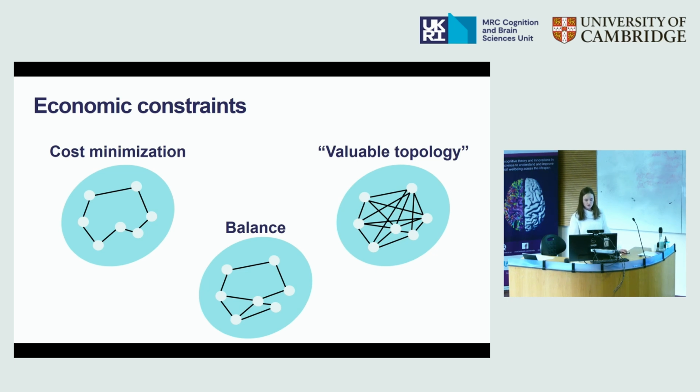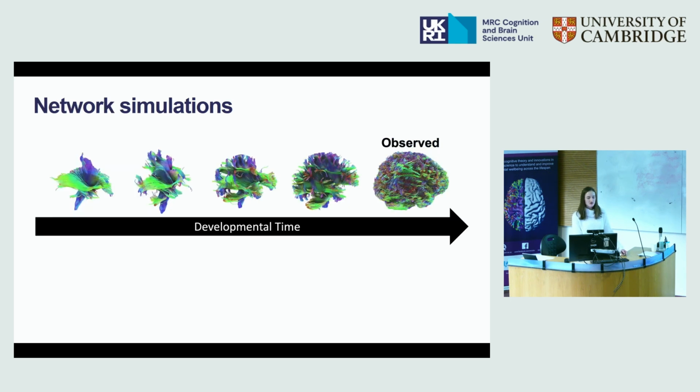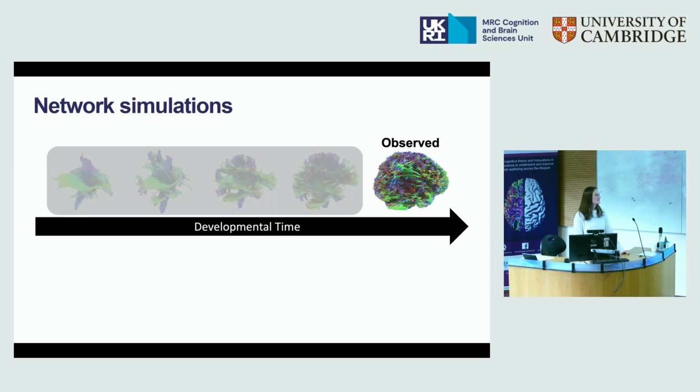And this is hard to look at in an actual brain because we aren't able to actually look at the economic constraints of a brain through a scan. We're also typically limited by having a single screenshot of a scan that someone might have undertaken. Of course, there are longitudinal data sets, but we're usually limited to cross-sectional data. And so it's hard to look at how organization is changing over time.